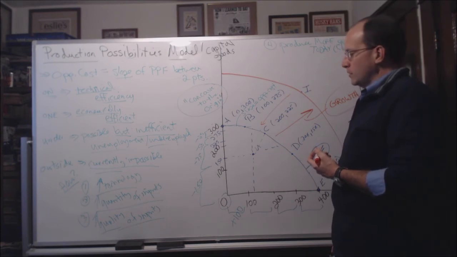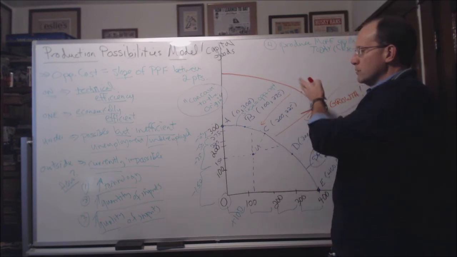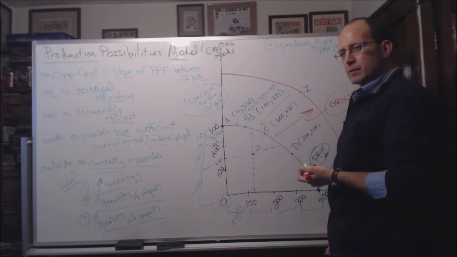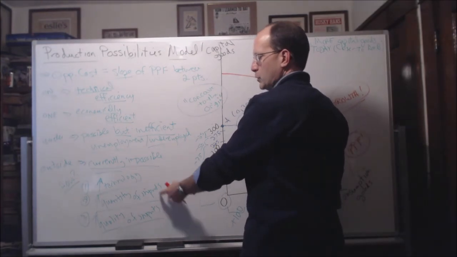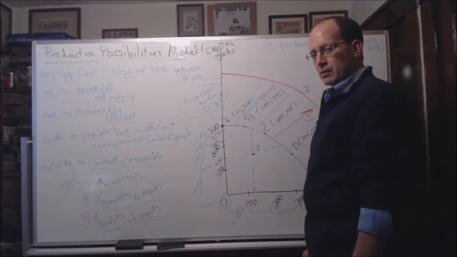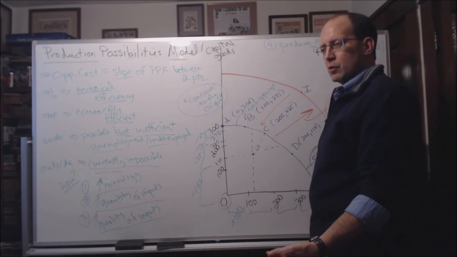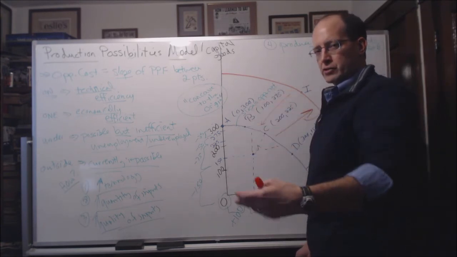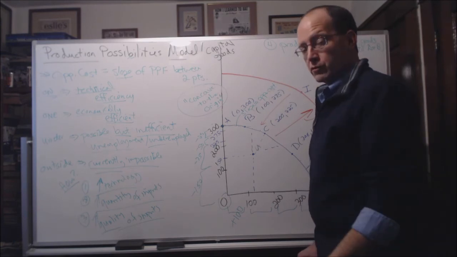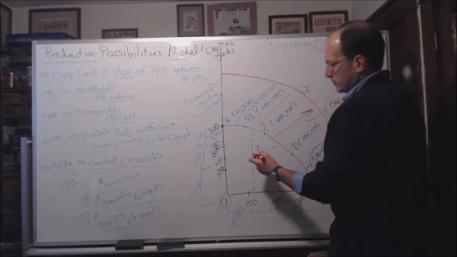Some of you might be saying, well, if there's less unemployment, then the curve shifts to the right. But that's not what happens here, because we didn't come up with any more inputs or any better inputs or any new technology. All that happened with less unemployment of existing resources is we're not wasting as much. And so we're closer to our potential. Think about it this way.